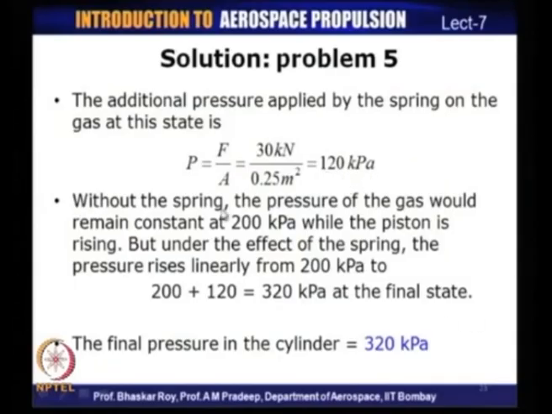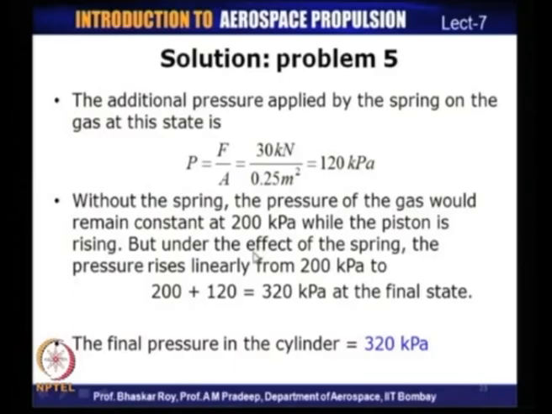So, without the spring, the pressure of the gas would remain constant, because you are allowing the gas to expand and therefore, the volume is changing, but the pressure will remain constant. If the spring was not there, the gas would remain at 200 kilopascal, which is its initial pressure, while the piston keeps rising.